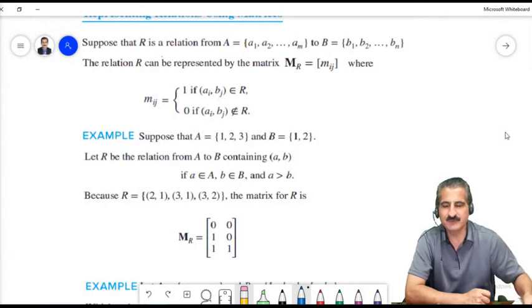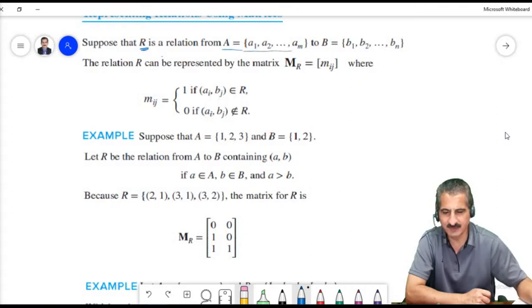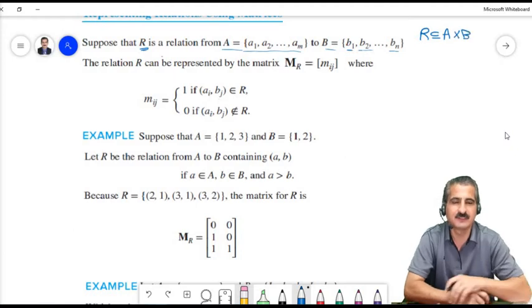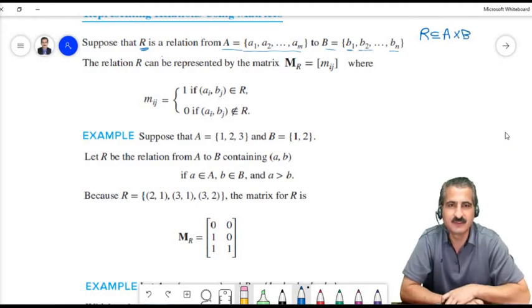So how do we represent a relation from a set A that consists of a1, a2, a3, all the way to am, to a set B that consists of b1, b2, b3 to bn? Remember, a relation from a set A to a set B is a subset of A cross B. So it consists of ordered pairs.